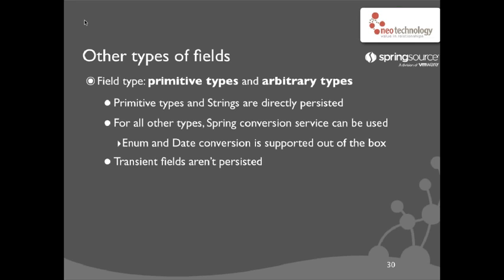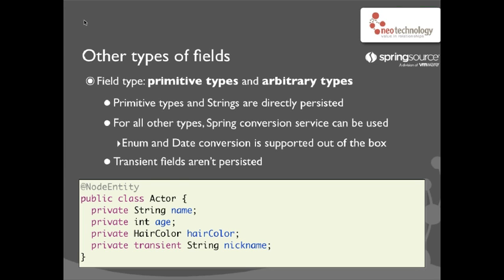Okay, so we've talked about fields that are primitive types, and we've talked about fields that are node entities. But it turns out that we actually support a couple of other nice things. We hook into Spring conversion, and you can write your own Spring conversion if you want to. But by default, we ship with conversion for enum and dates.